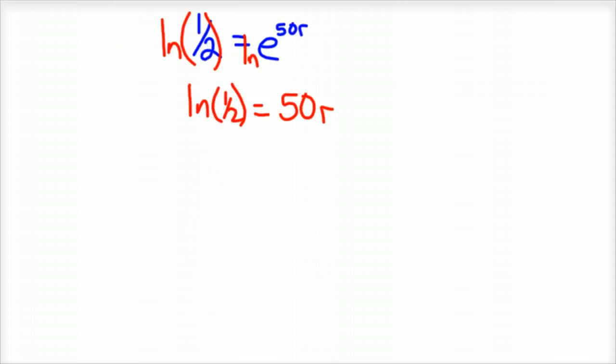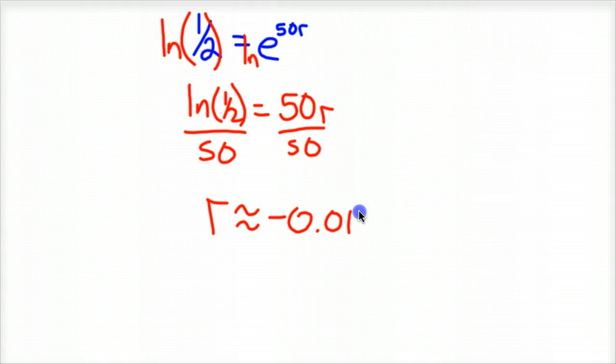And then you would divide by the 50. And so your rate is natural log of 1/2 divided by 50. Now, that's the exact answer. Let's go ahead and approximate that. And approximately, that would be negative 0.014.